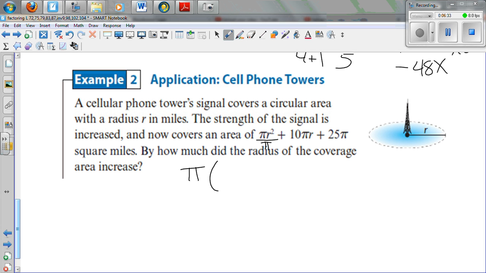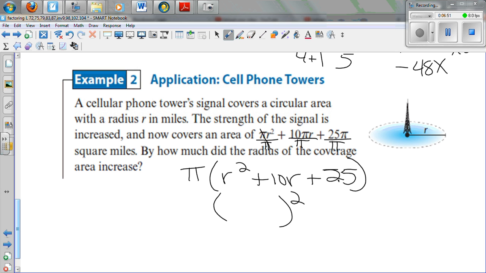And again, you do that by dividing it off. And so I get r squared plus 10r plus 25. And then I want to check and see if I can factor that. Well, I recognize 25 is a perfect square, so I should be able to factor that into something squared if the 10 is double the term at the end.